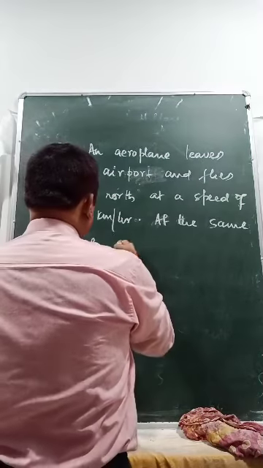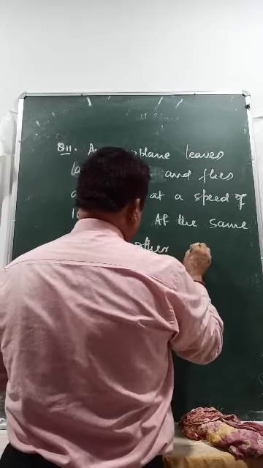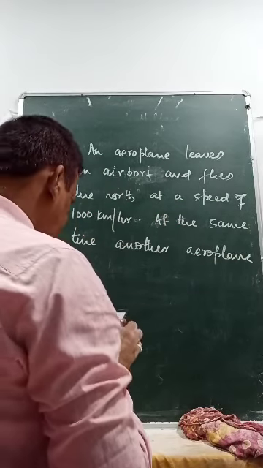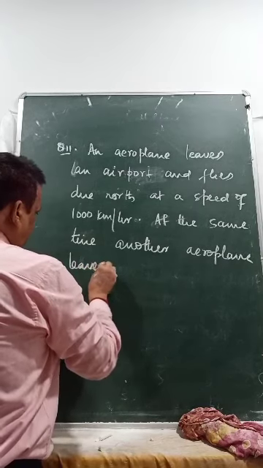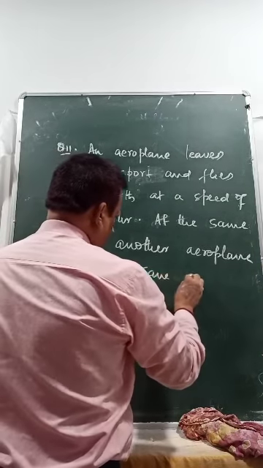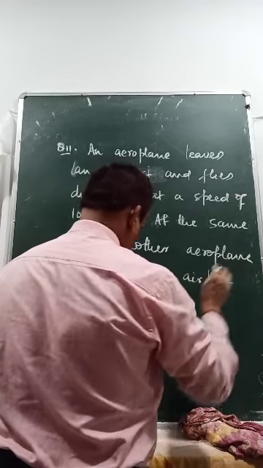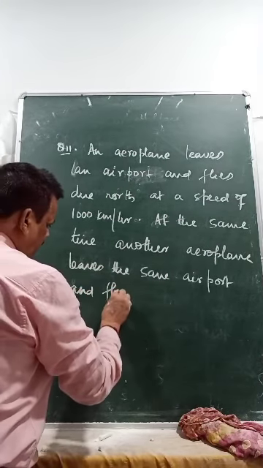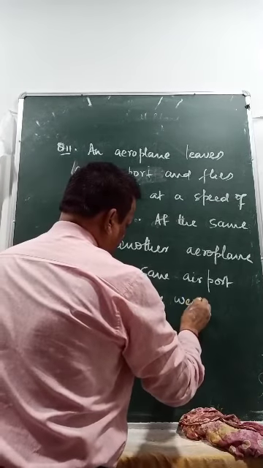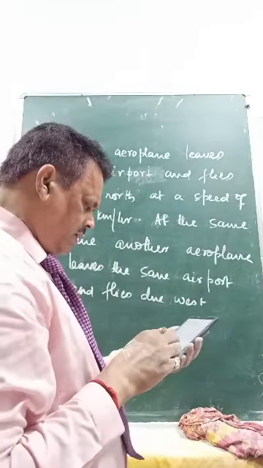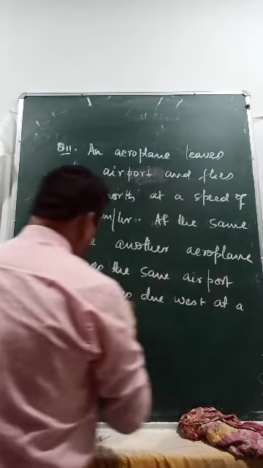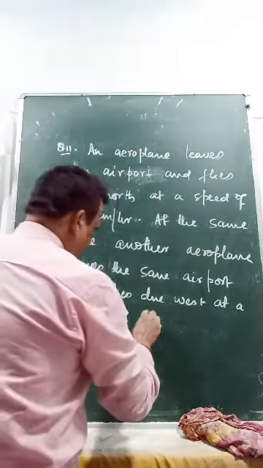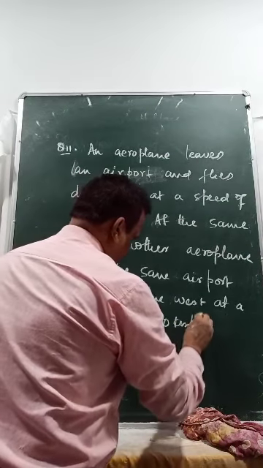another aeroplane leaves the same airport and flies due west at the speed of 1,200 kilometers per hour.